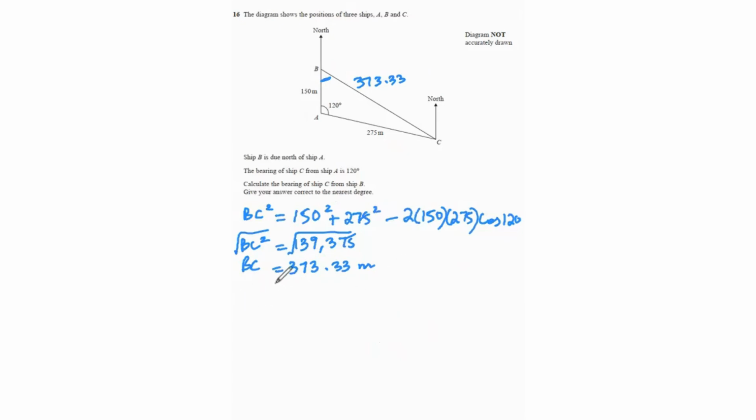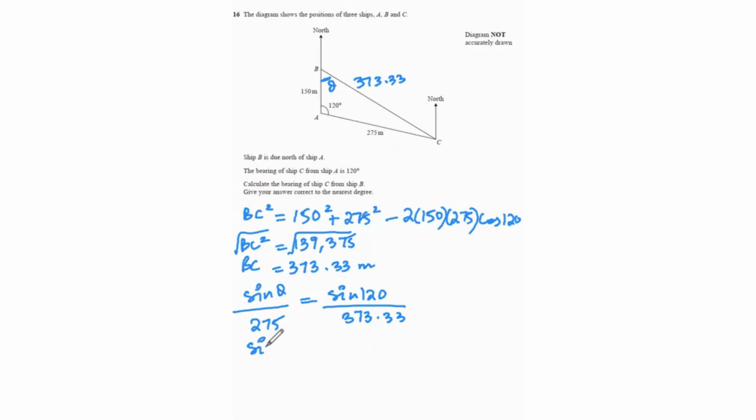So for that, it will be theta over here. So sine theta divided by 275 equals sine of 120 divided by 373.33.